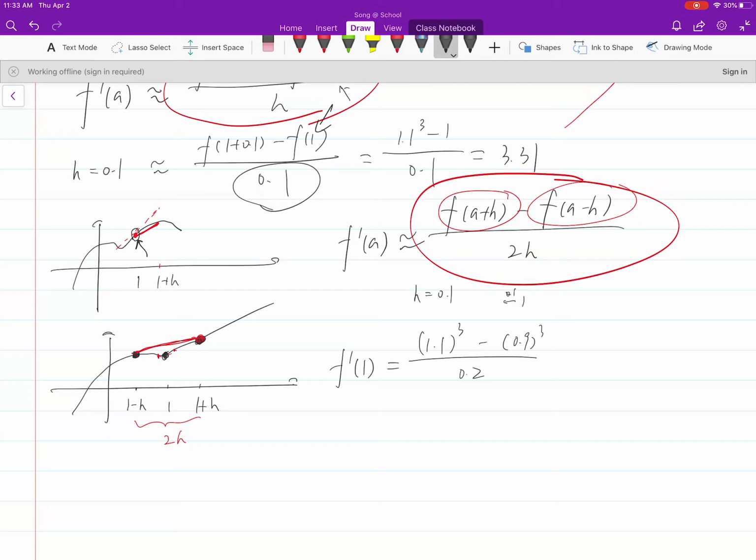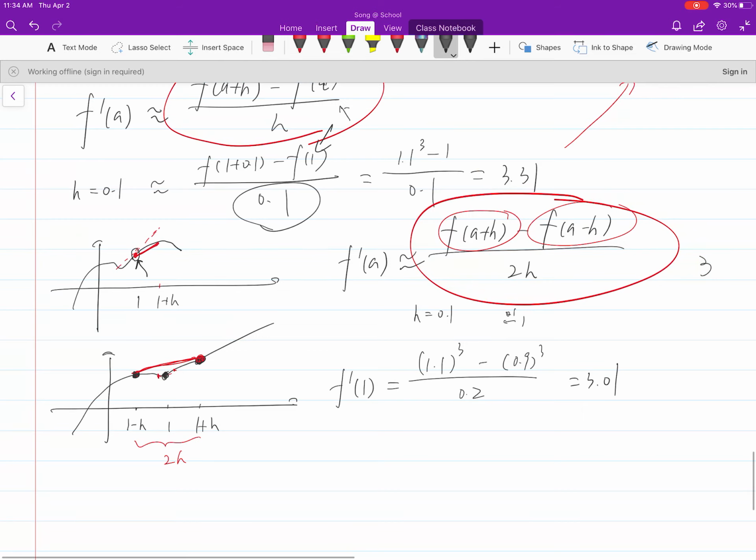You don't do 1, you do 0.9, because it's before. You can calculate it by yourself, divided by 0.2. That will give you 3.01. Okay. Remember, the real value is 3.